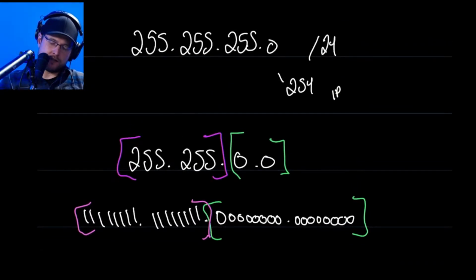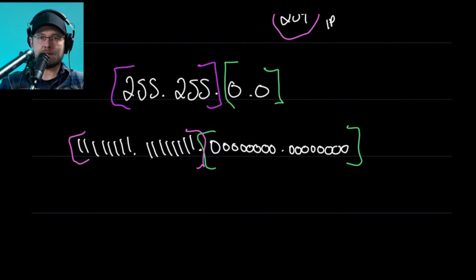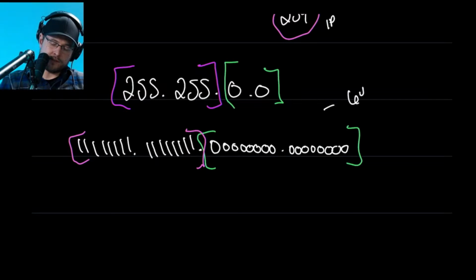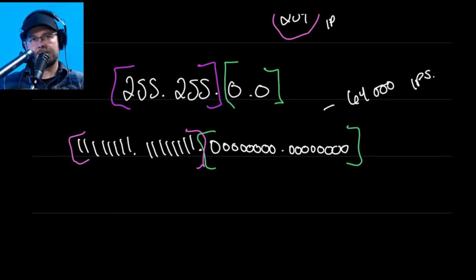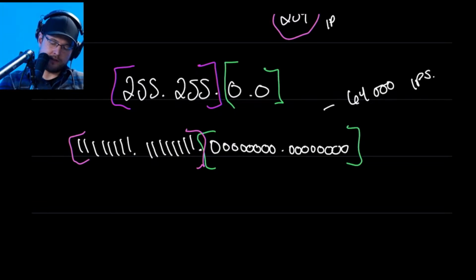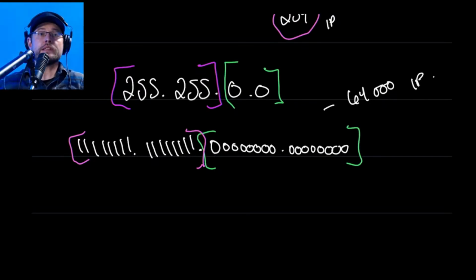So when you go from a single octet being the identifier, so a triple 255, we have 254 addresses. If you, and especially if you don't know what you're doing, if you just change the network mask from triple 255 to double 255, this is 64,000 IPs. Okay? And not IPS, that's Internet Service Provider. Ugh, I hate all this shorthand. 64,000 IP addresses. And you think, well, then I'll just never run out.